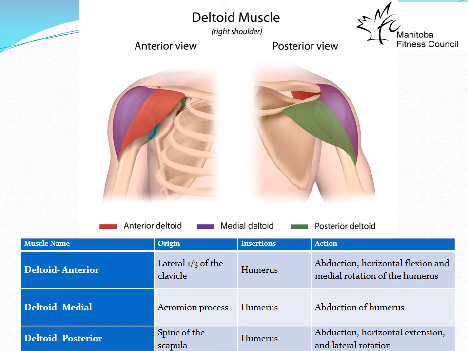Okay, horizontal extension, so it does the opposite movement of the anterior deltoid. It'll also help with general extension of the shoulder. It'll extend the shoulder back and be good at lateral or external rotation, rotating that arm outwards.